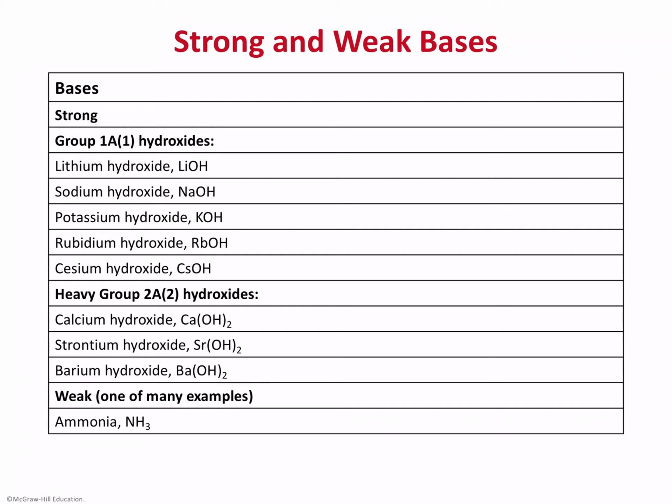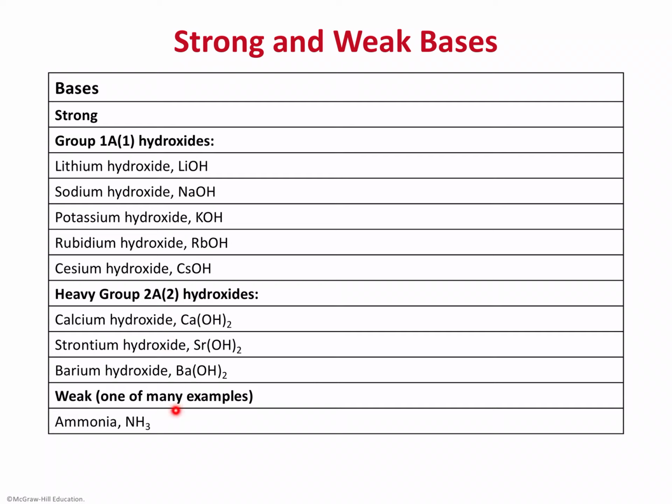And these are some strong and weak bases. Strong bases, remember, can have hydroxide ions. So group 1A hydroxides: group 1 has lithium, sodium, potassium, rubidium, cesium. Their hydroxides are strong bases. And then group 2, the heavy group, 2A hydroxides: calcium, strontium, barium, these three are considered strong bases in group 2.